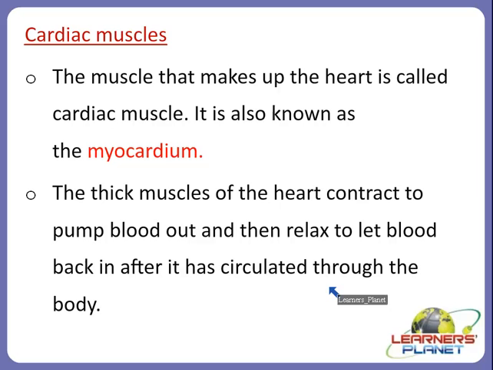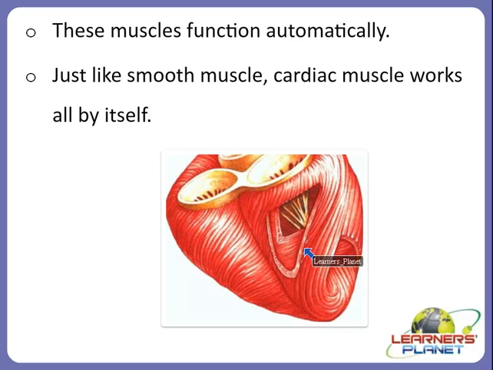So we can just say that this is also a type of muscle which is involuntary, means we do not have to order our heart to pump or not. It will pump on its own, right? This is one such picture of a cardiac muscle.